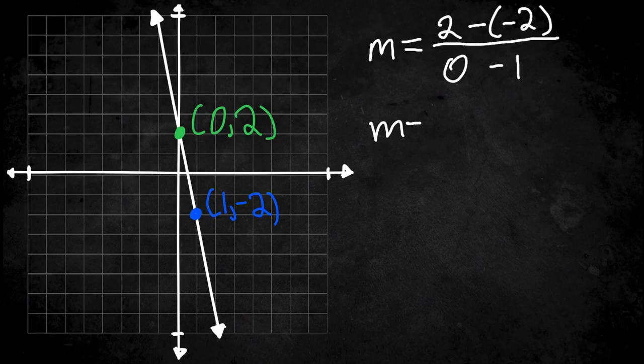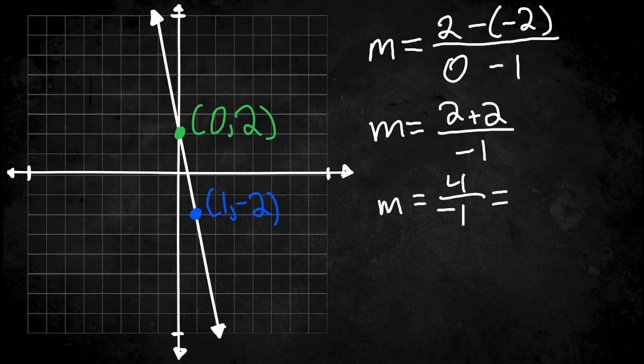And that would equal 2 plus 2 over negative 1. And 2 plus 2 is 4. That means m equals 4 over negative 1, which equals negative 4. So the equation would be y equals negative 4x, and it says right here that the y-intercept is (0, 2), so plus 2.